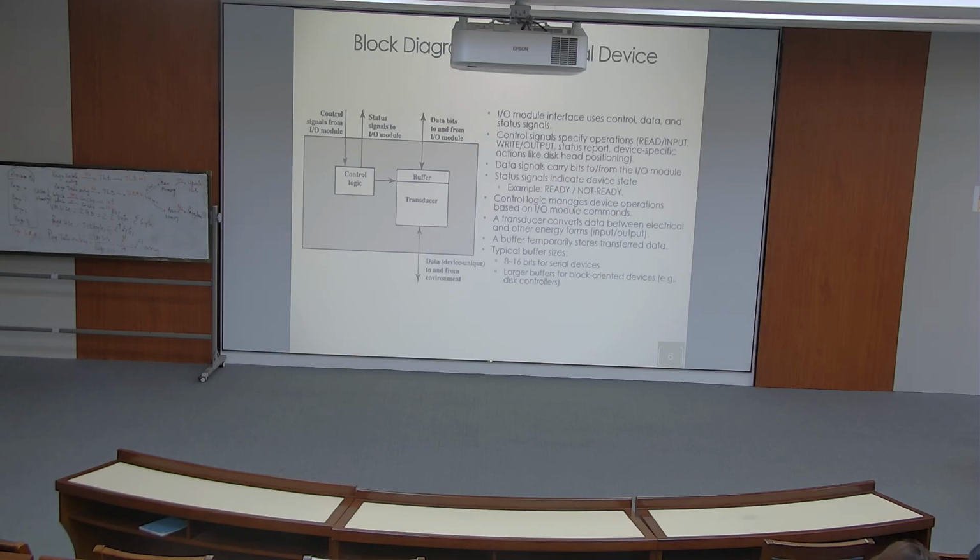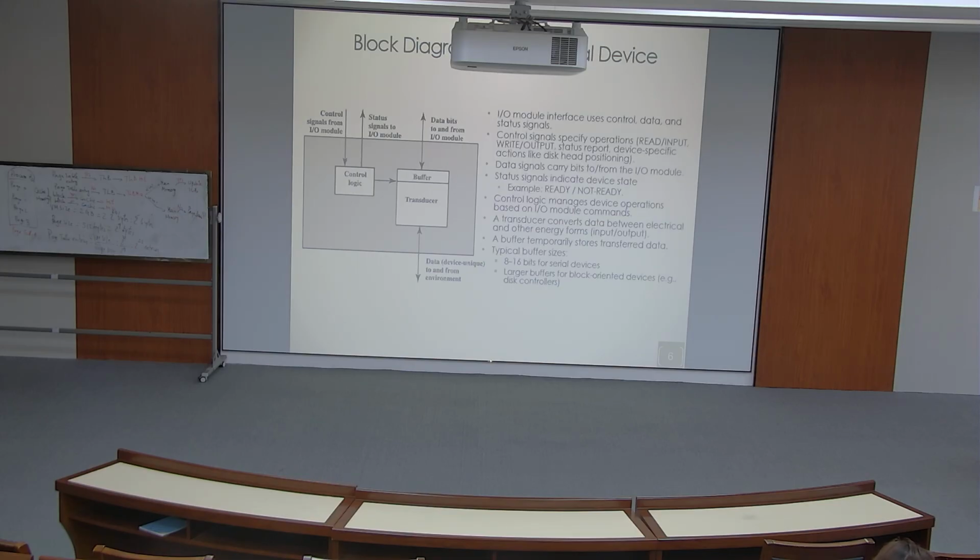So this is a block diagram for an external device, which includes the control logic, which will receive the control signal from the input-output module. Then the control logic will respond with the status signal to the input-output module. Whenever the control logic confirms its readiness, data bits will be exchanged to or from the input-output module.